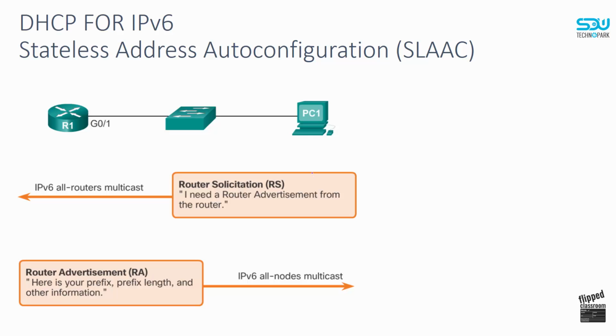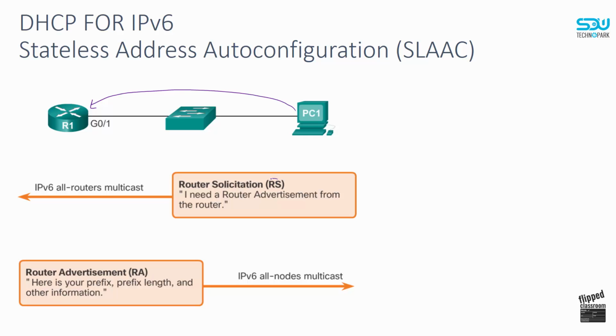And when your computer is configured with the autoconfiguration, then your computer is sending an IP version 6 all routers multicast.